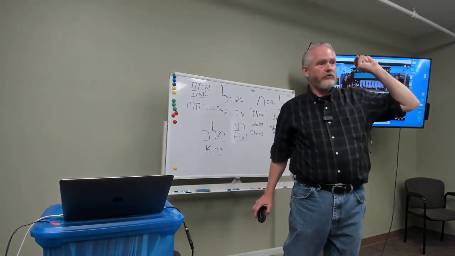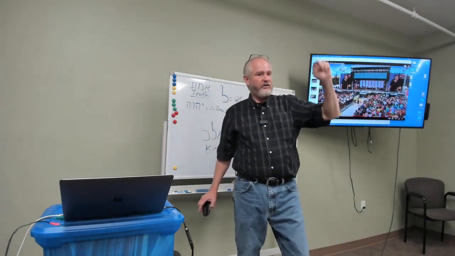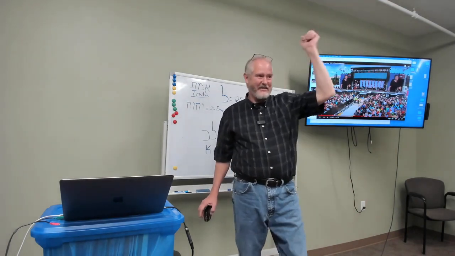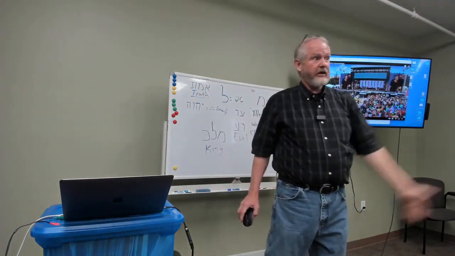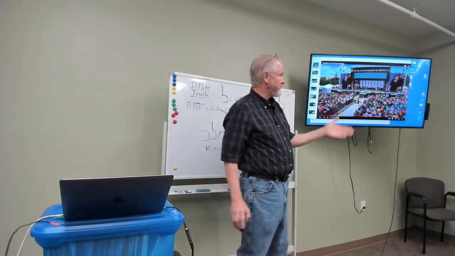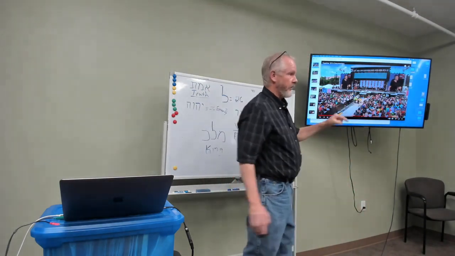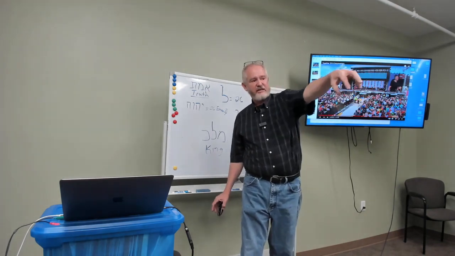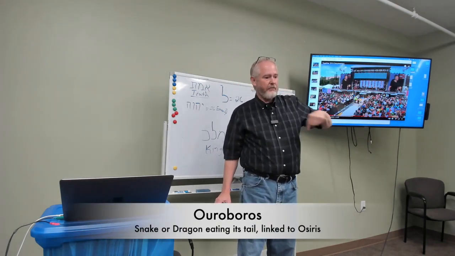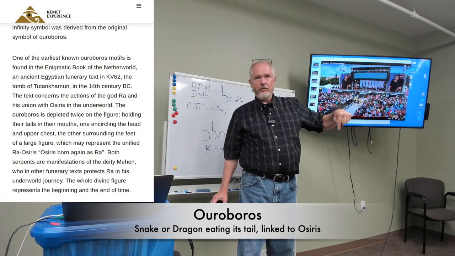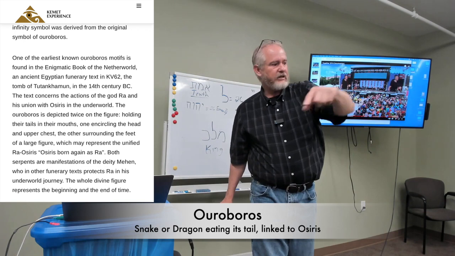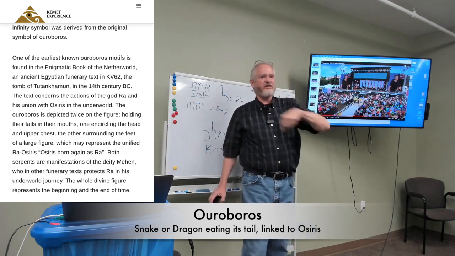They took our children to Washington, D.C. at the base of that obelisk. We know that obelisk is a piece of Osiris. Okay, this is the Antichrist that's going to be showing up, so now they're worshiping him. His symbol is the circle, but it's a snake. Look it up. Ouroboros? I forgot how to pronounce it. But if you look this up, just put in Google snake eating its tail.